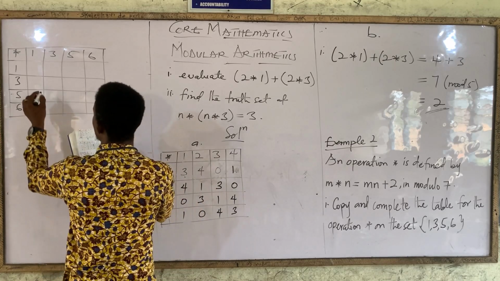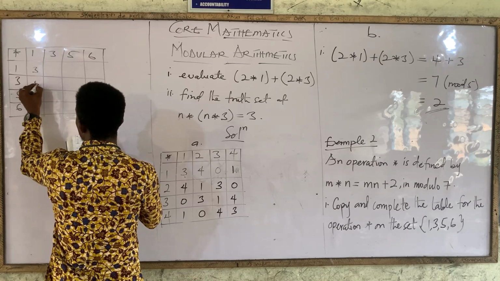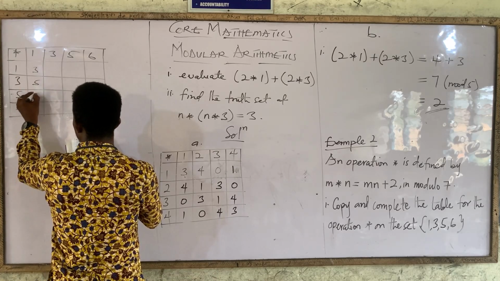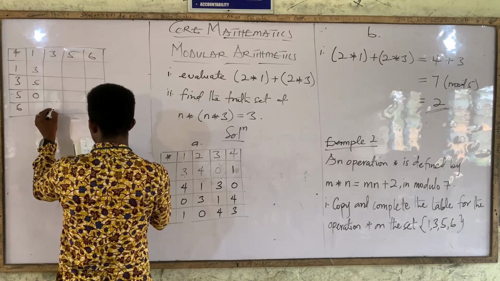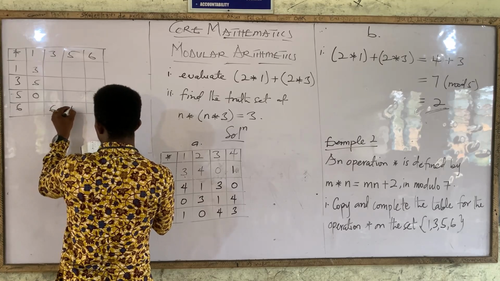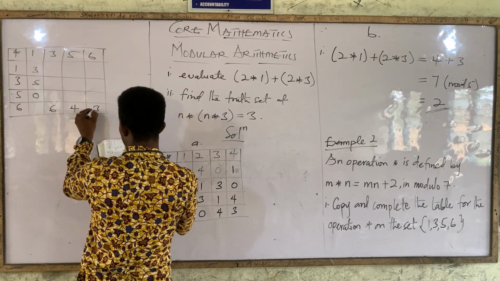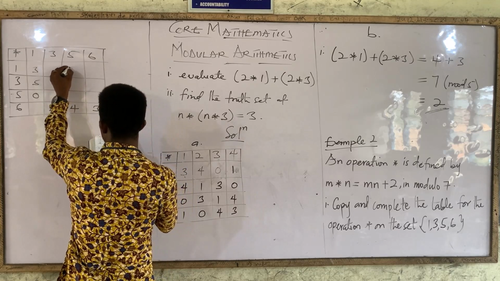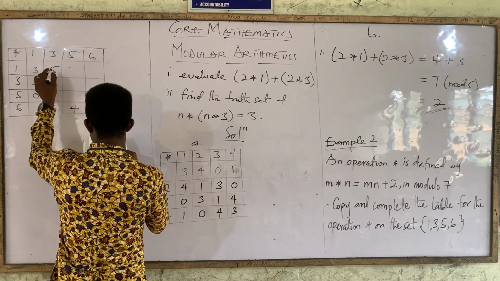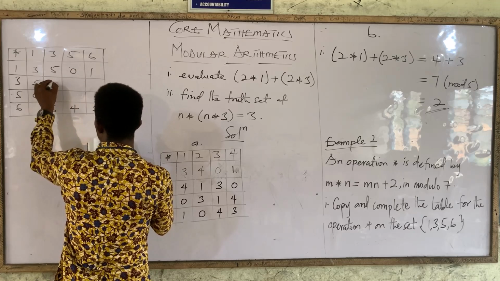Then you were giving 3, 5, 0, 6, 4, 3, 5, 0, 1, 4.